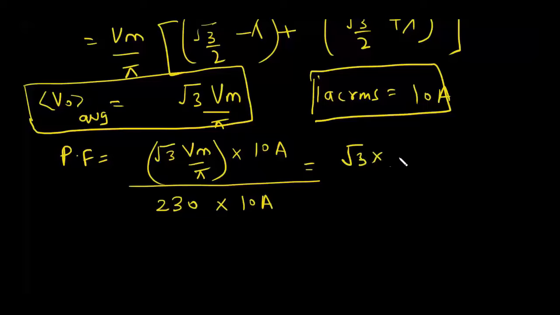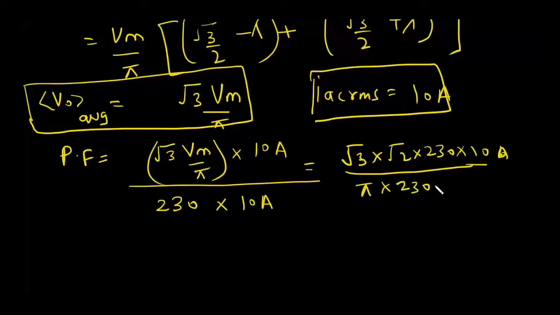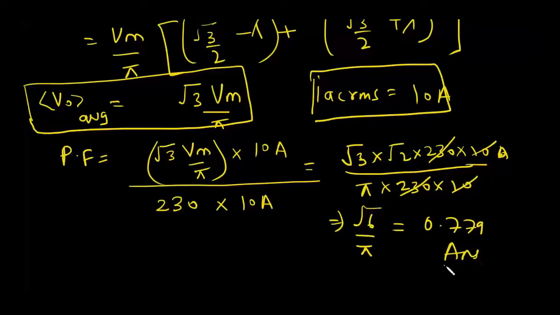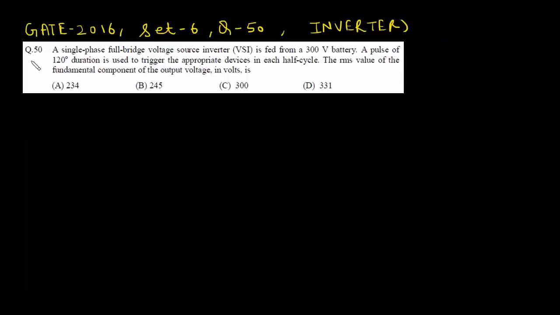Root 3 Vm is nothing but root 6 into Vrms, so it is root 6 Vrms into 10 ampere divided by pi into 230 into 10. This will cancel out. So if you calculate root 6 by pi, you will get 0.779. This is the answer for this question.